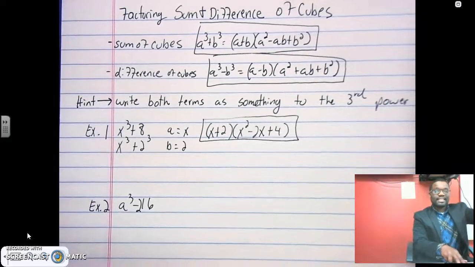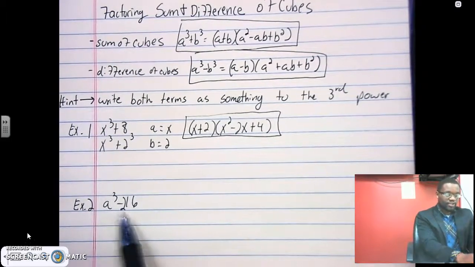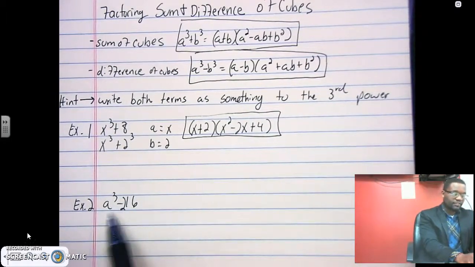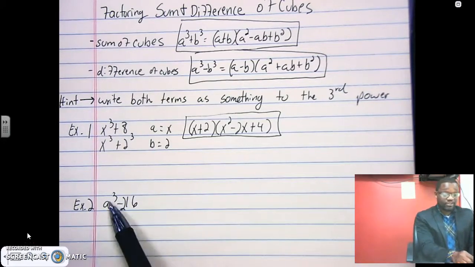I'm dealing with a difference of cubes here. In example 2, this is a difference. I have 2 terms, and I'm dealing with a difference of cubes. How do I know it's a difference of cubes? Well, at least it gives me the idea that there's a 3 as an exponent. And so I'm looking at this, and I don't know if 216 is a perfect cube.